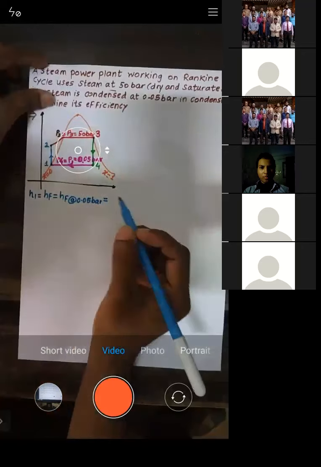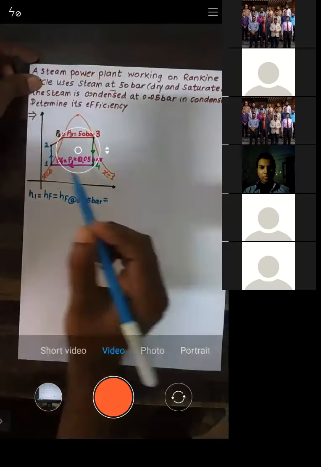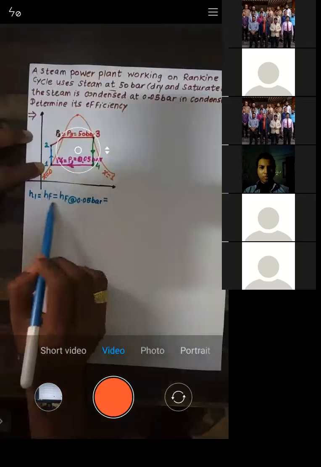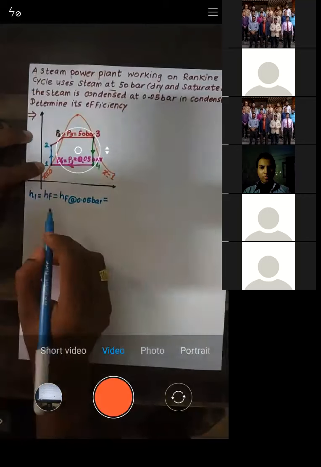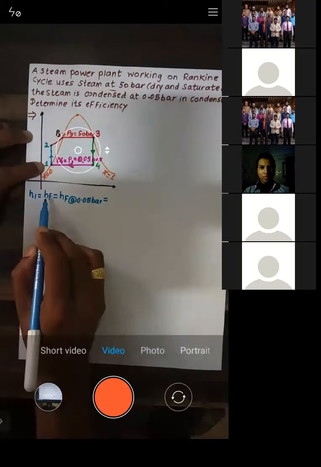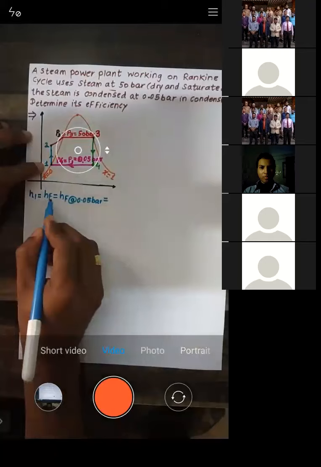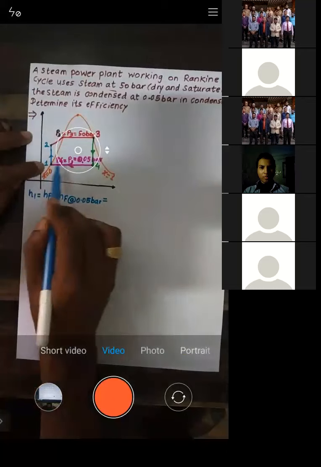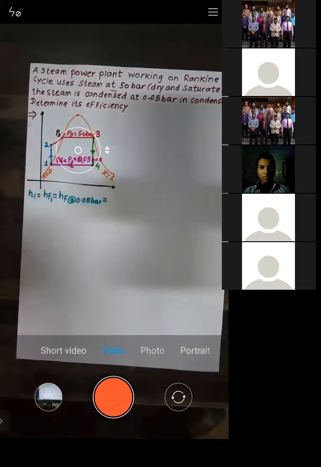We need to calculate enthalpy at point number 1, and it is given by hf at point number 1. And what is the pressure at point number 1? 0.05 bar. Is that okay? Let me know.